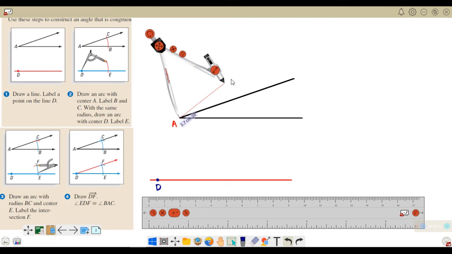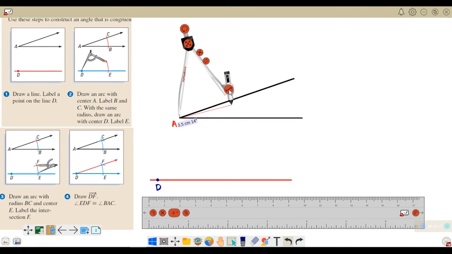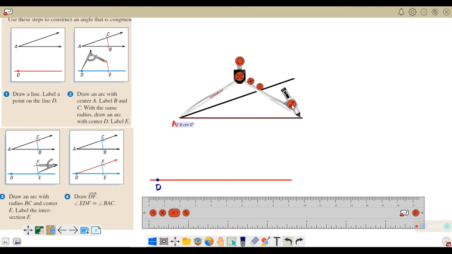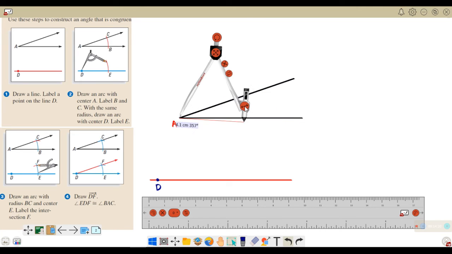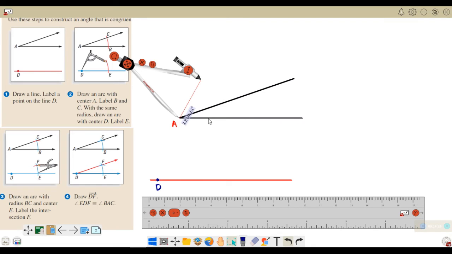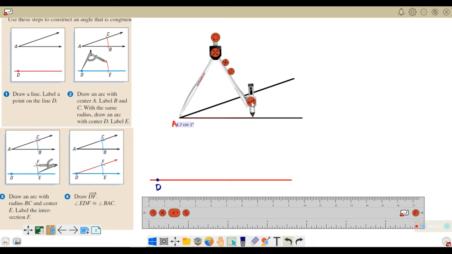Basta sakop pa rin siya nung side ng angle mo. I suggest na wag masyadong mahaba. Wag ganito. If you want your angle to be this big, mga half, okay na yon, or more than half, mga ganito. Yan. And then from here, draw a curve intersecting both sides.